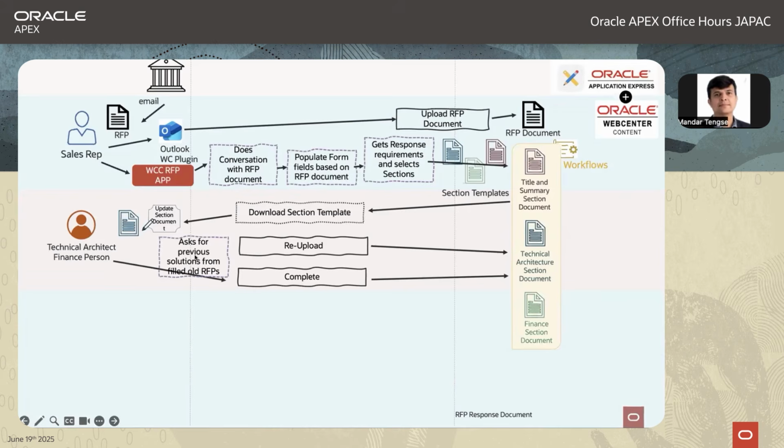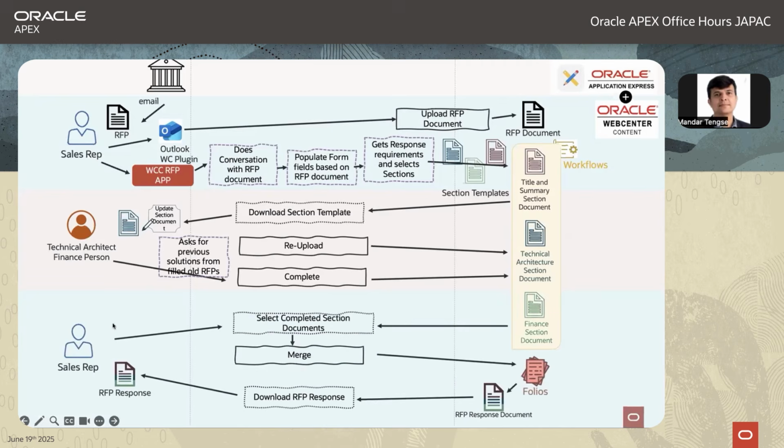Based on the information, he fills the template, uploads it, and closes his task. Each user is going to do the same, and the sales rep finally gets all the sections and documents and combines them together. He is going to merge all of these documents filled by these users to create a composite response.